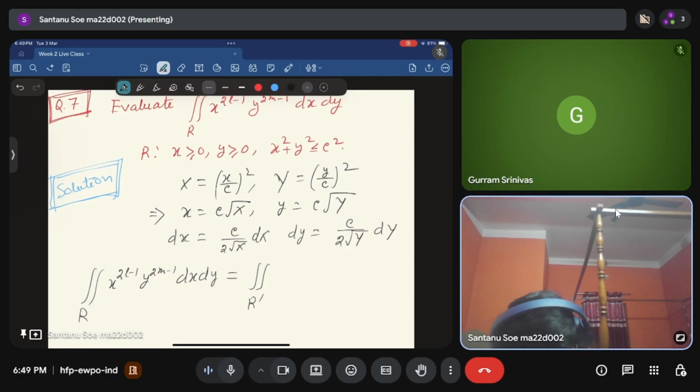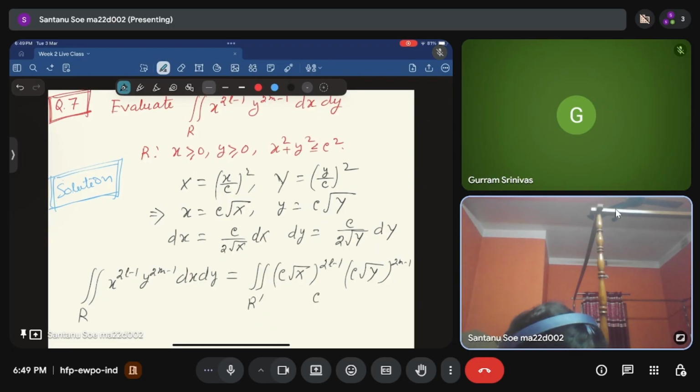So x is c root X, so c square root of capital X to the power l minus 1, c square root of capital Y to the power m minus 1, and dx is c divided by 2 root X dX, and dy is c divided by 2 root Y dY.